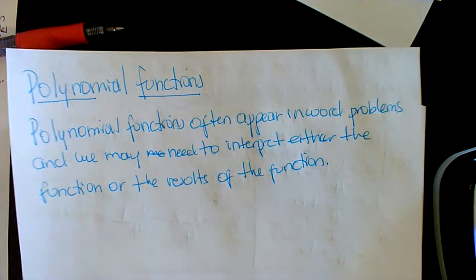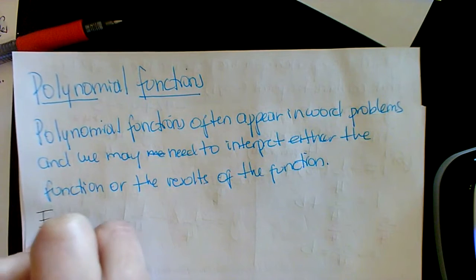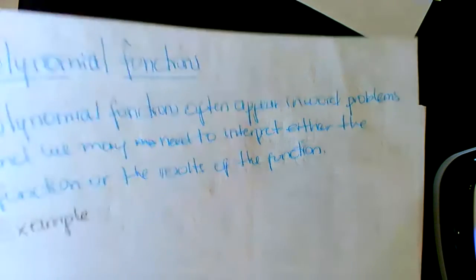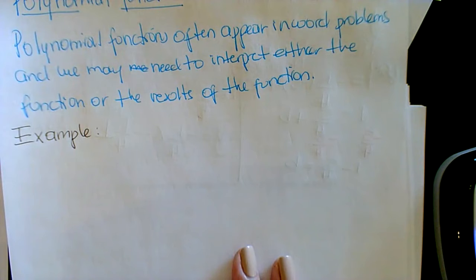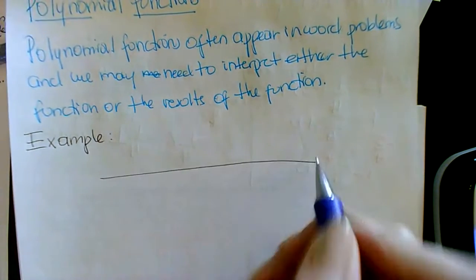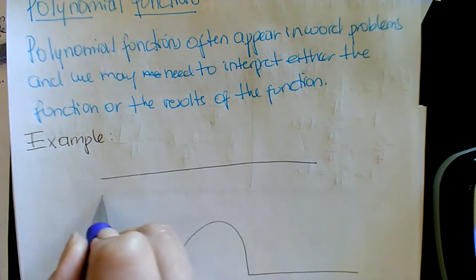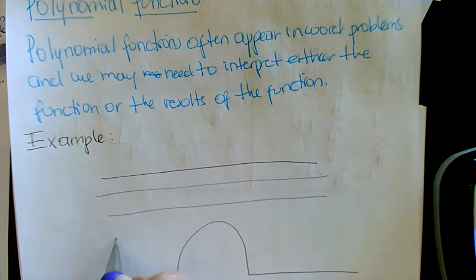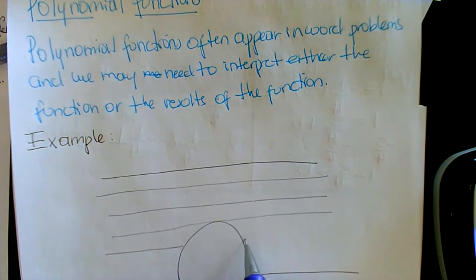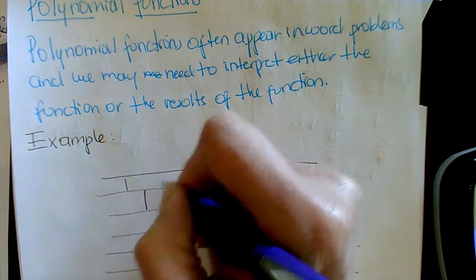Okay, and we're going to do an example. This example says that Maya is standing on a bridge. Okay, so we could say she's up here, and let's say this is the bridge, right? So this is all brick.